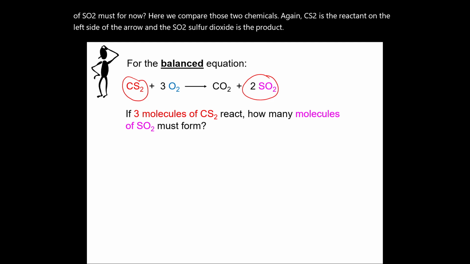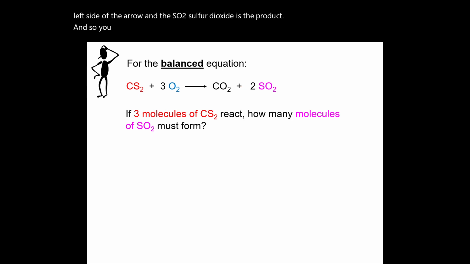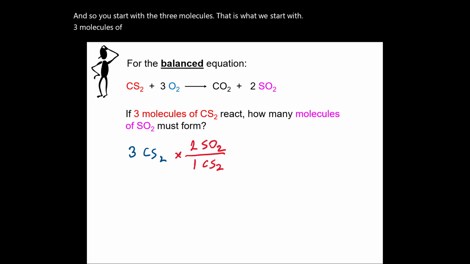So we start with 3 molecules of CS2, and according to the balanced equation, 1 CS2 can produce 2 SO2 molecules.